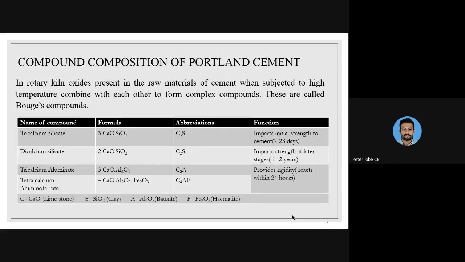The next is tricalcium aluminate, C3A, and tetracalcium aluminoferrite, C4AF. They provide rigidity, so within 24 hours it will make the cement mix rigid after we mix it with water. All these functions will be performed only if we mix it with water, so the mixing of water is very important in the case of cement.